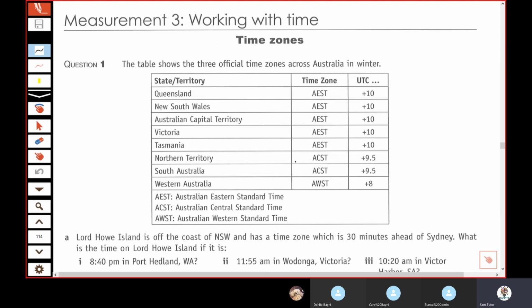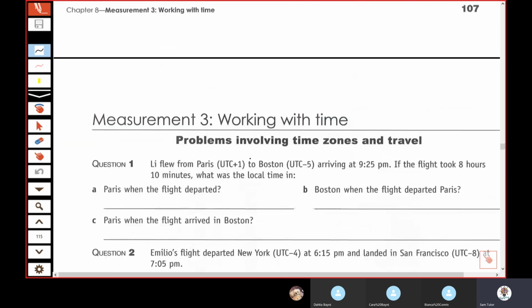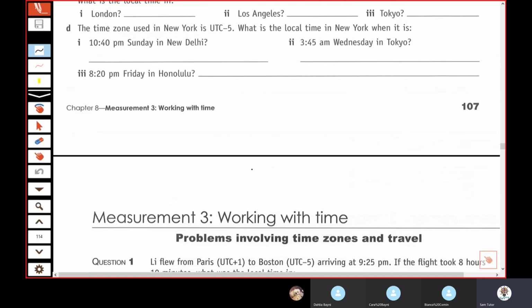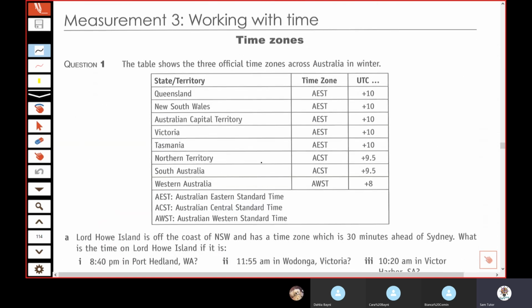And I guess if you're traveling, which I think would be the next bit, they get that confused, because obviously as you move from Paris to Boston, Paris and Boston would have 2 different time zones, but you're obviously going to fly to Boston. That's going to take some time, and that has to all be taken into account, and that usually confuses some students. But hopefully we can do every question here, and you girls will find it okay.